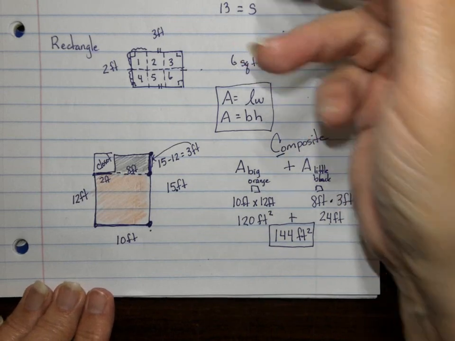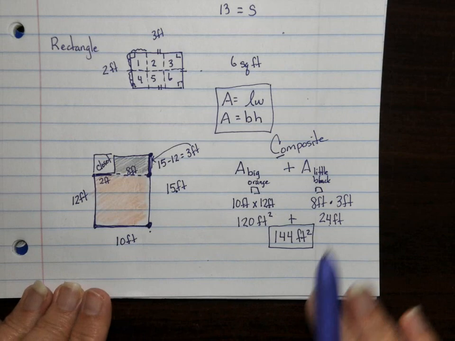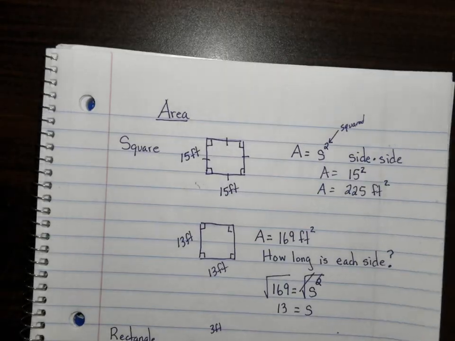Okay, so we've done squares and rectangles and now a shape that was 2 rectangles added together. Now we're going to move on to a triangle.